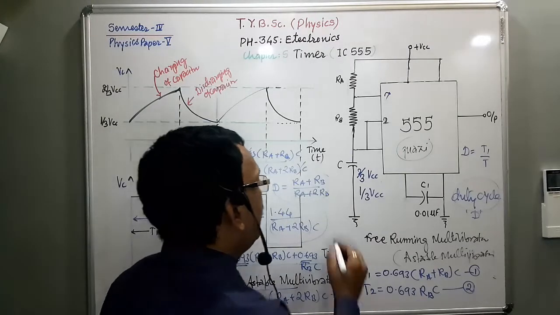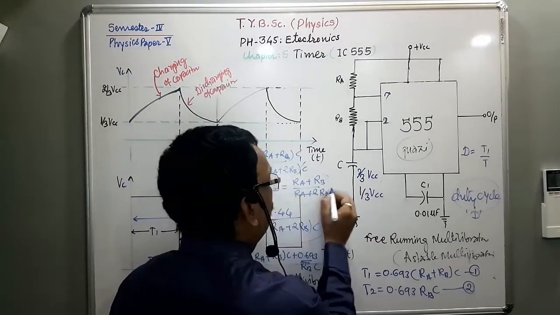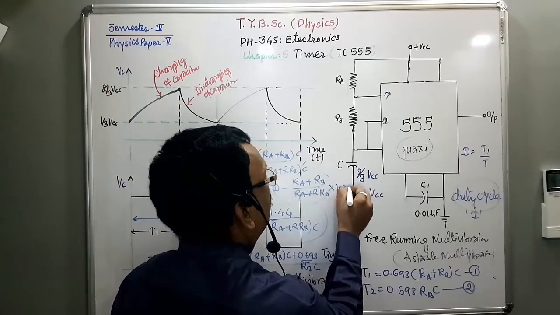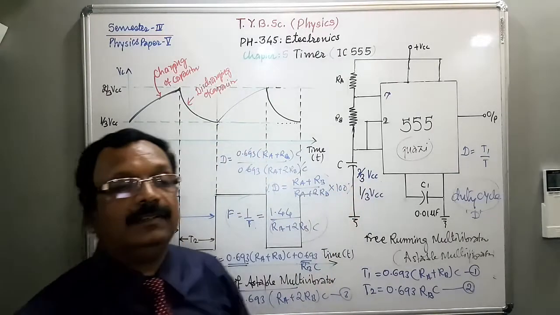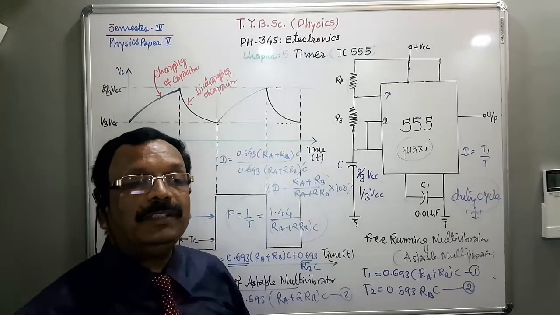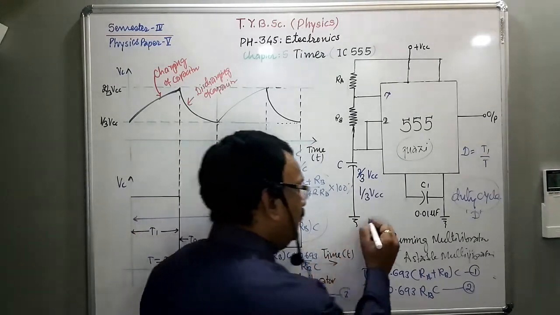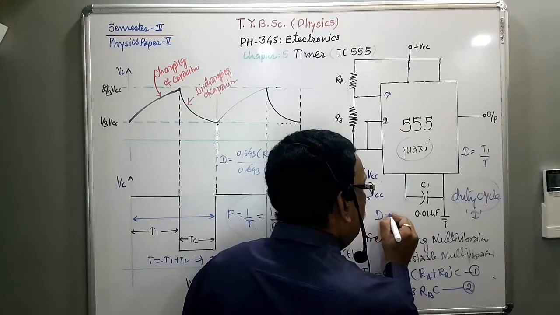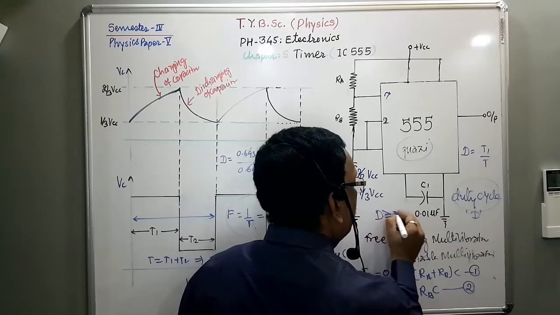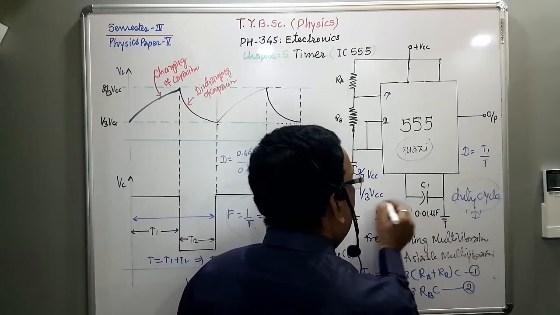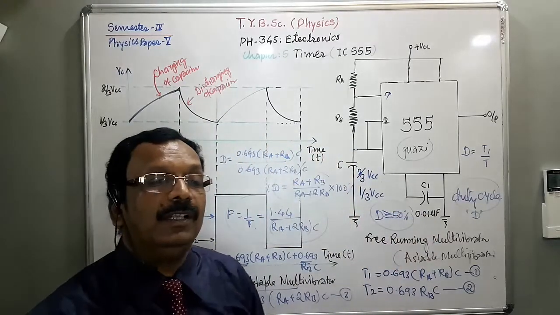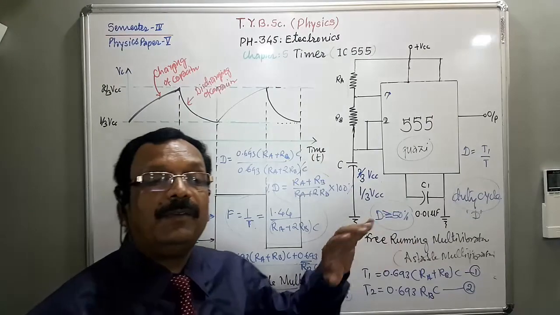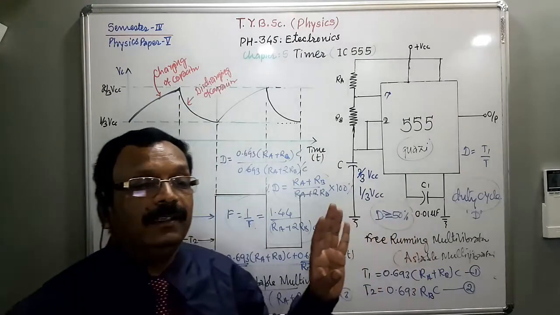The percentage duty cycle is obtained by multiplying this by 100. Remember that the duty cycle is always greater than 50%. Then the performance of the circuit is very good.